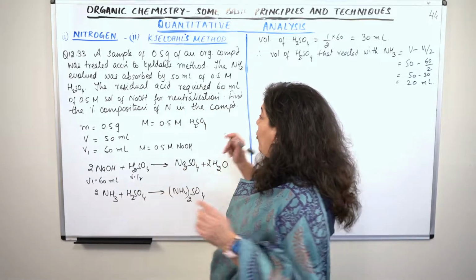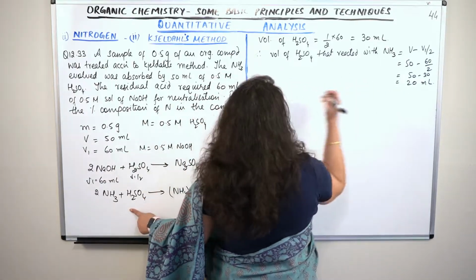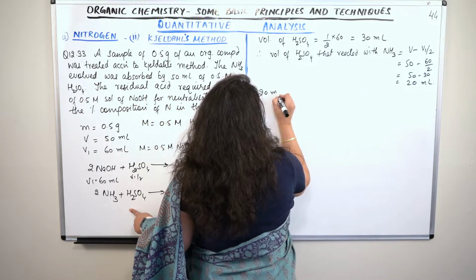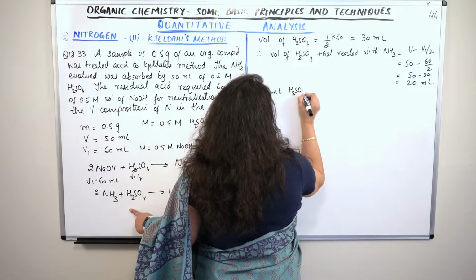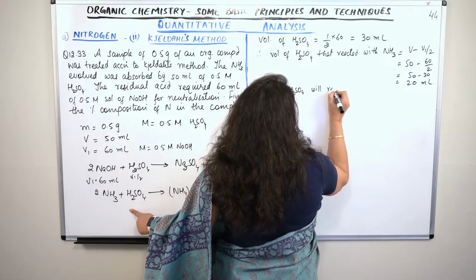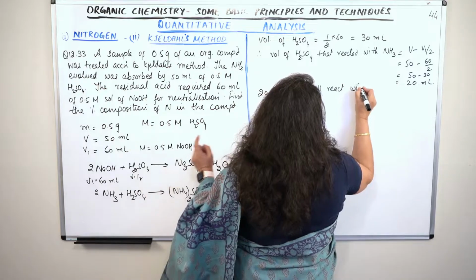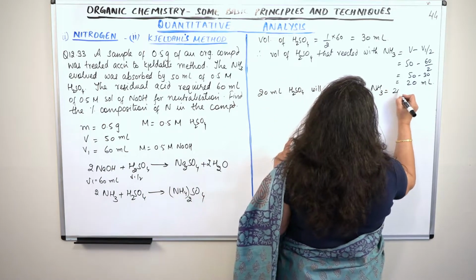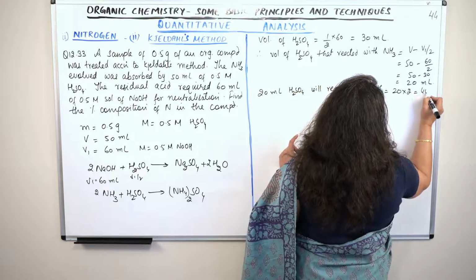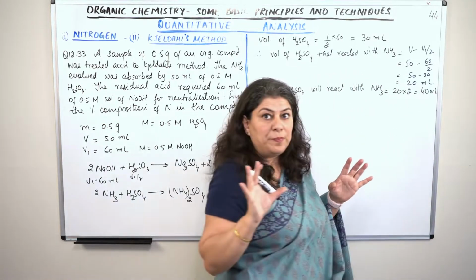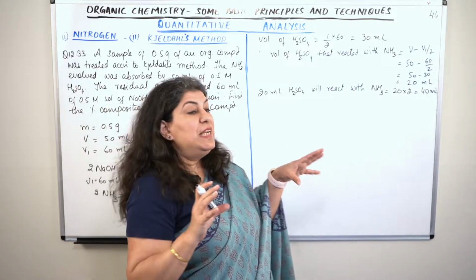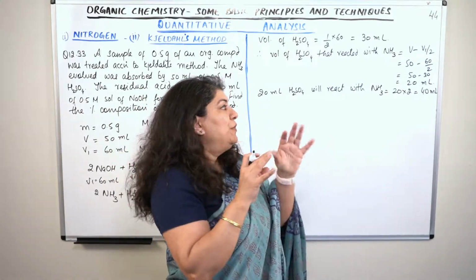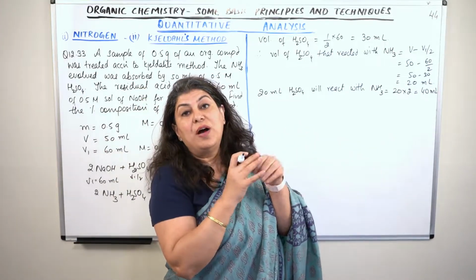So 20 ml H2SO4 will react with ammonia, which will be equal to 20 into 2, which is equal to 40 ml. Am I clear? It would react with 40 milliliters of ammonia.